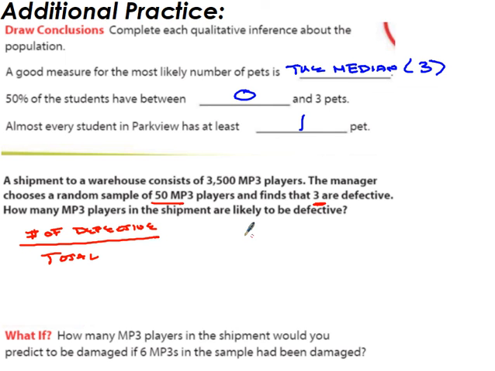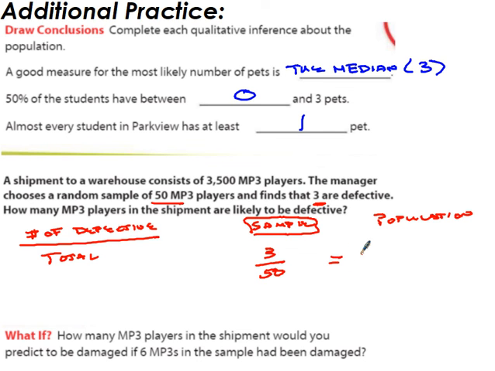But we're going to do this with our sample and with our population. I'm sorry. And we're going to set them both up the same. So if I have number of defective over the total in our sample, the number of defective were 3 out of 50.